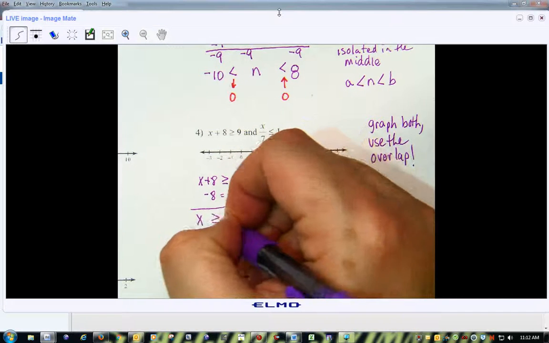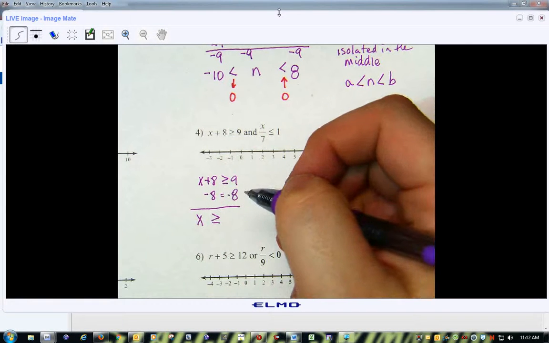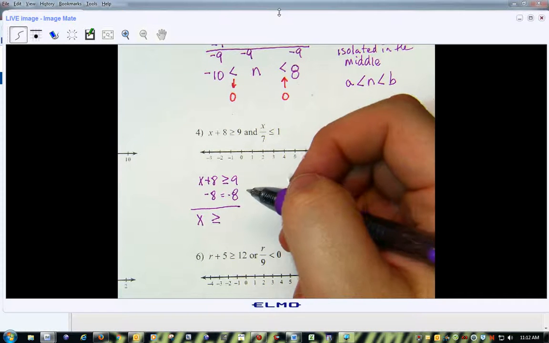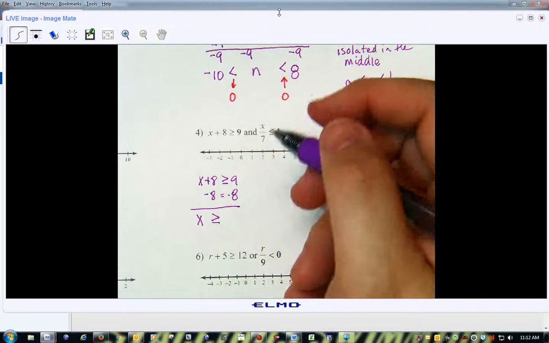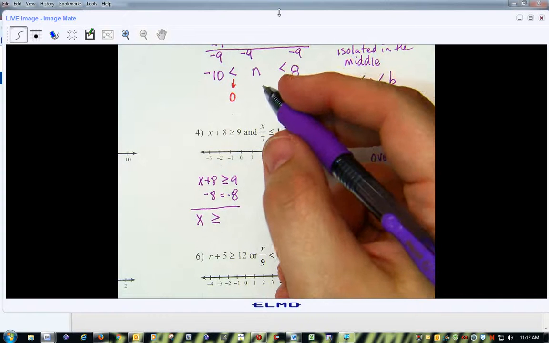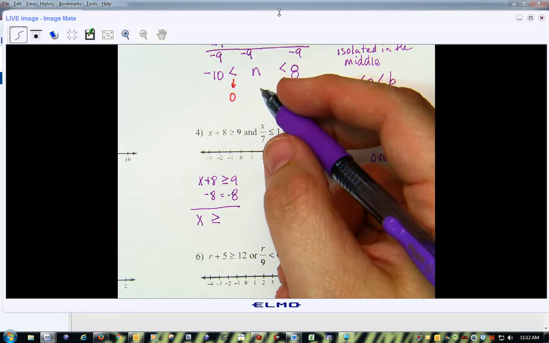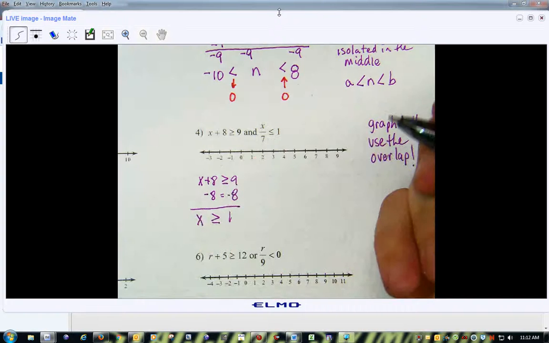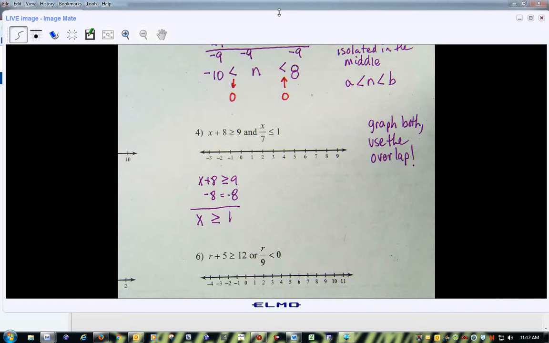If I subtract 8 from both sides, I'll still get x, which is greater than or equal to 9 minus 8. So we get x is greater than or equal to 1.